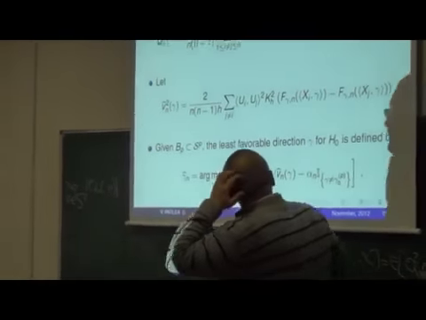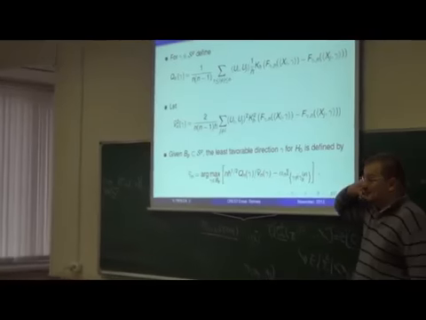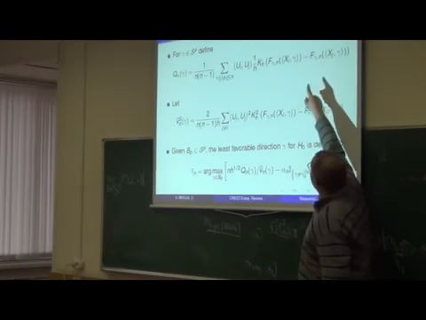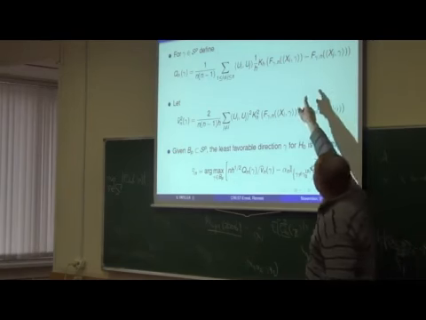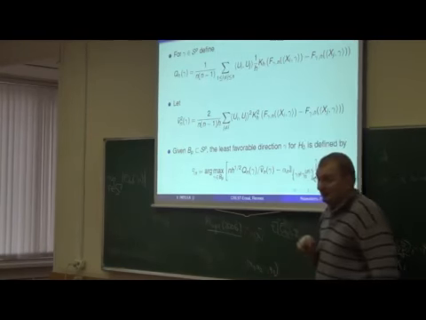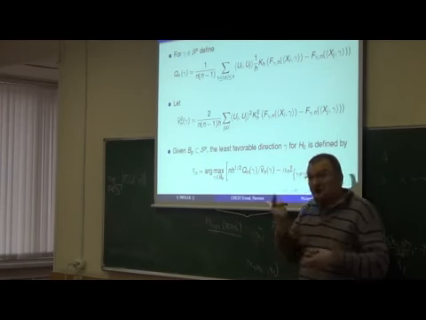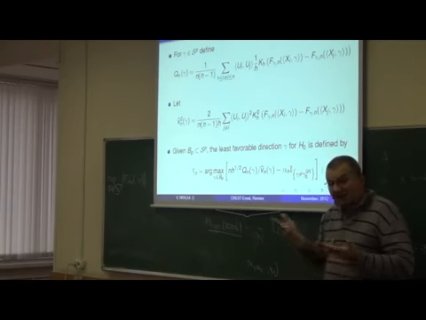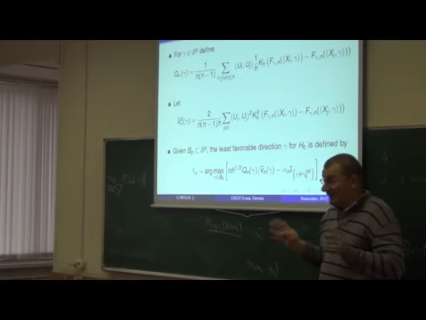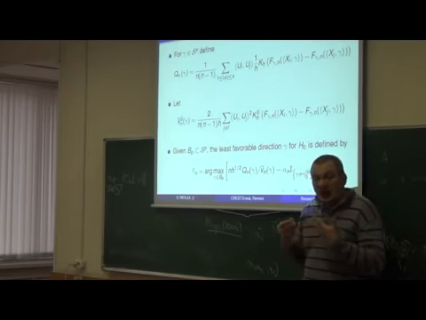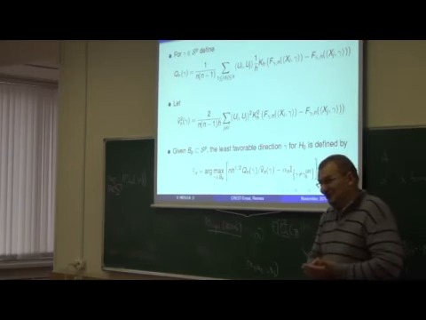But let's remember how things were defined. You use this f_n(xi), f_n(xj). What are the possible values of these quantities? 1 over n, 2 over n, 3 over n, and so on, n over n. These are the only possible values. And how will these values be determined?